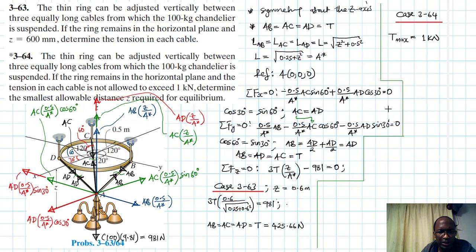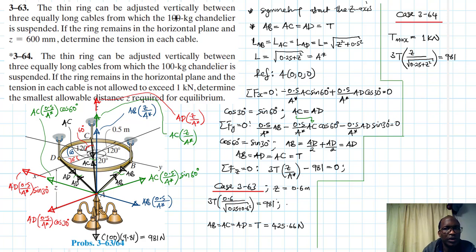The chandelier weighs the same weight, so we are going to use this same equation, 3T Z divided by root of 0.25 plus Z squared equal to 981.